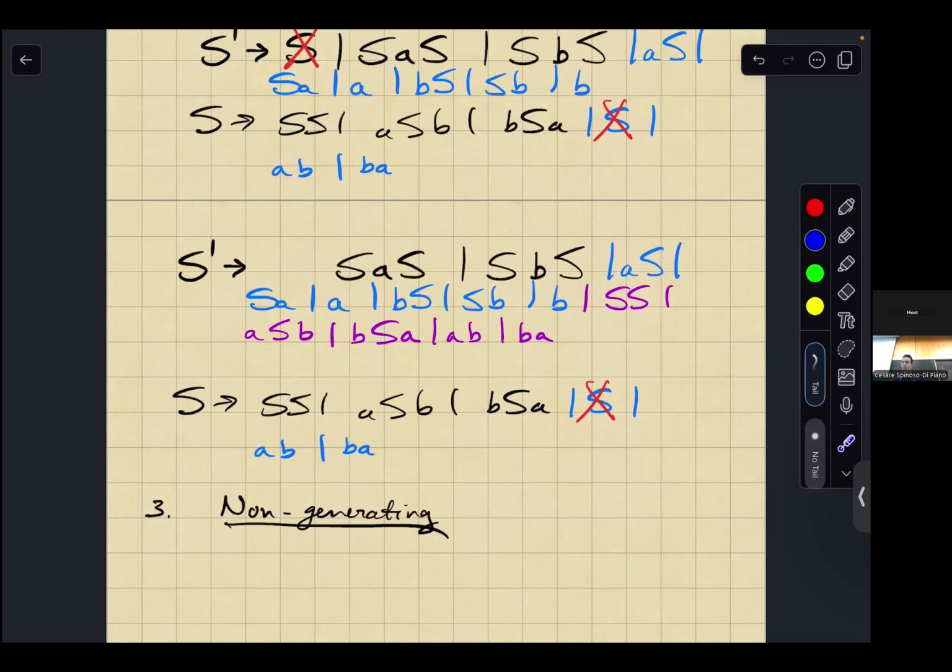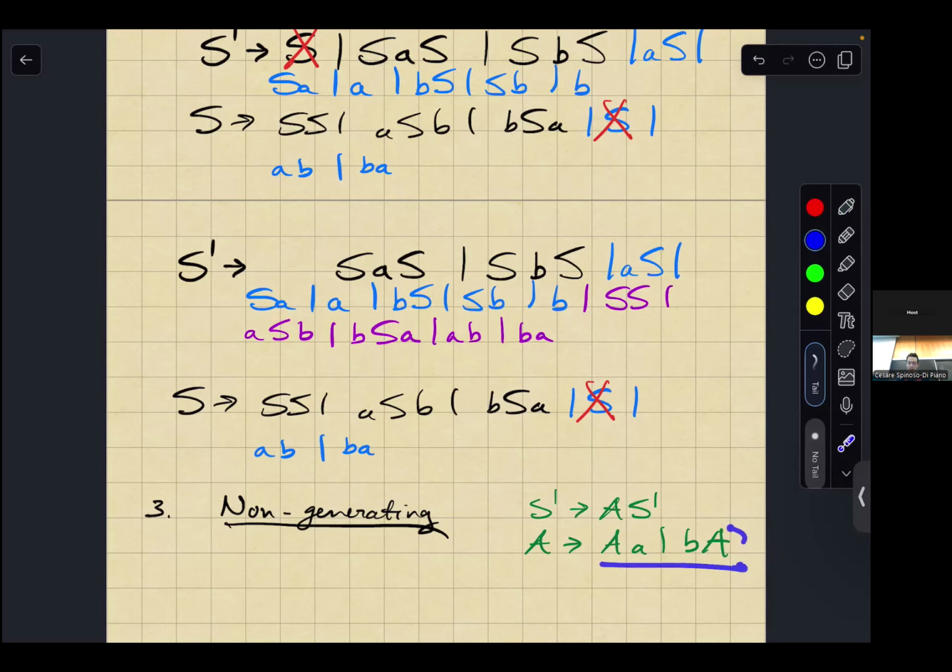So in that case, I don't have to remove anything. But if I had, for instance, an extra rule like S prime gives you A S prime, and the production rules for A were like AA and BA, then this is non-generating, because on the right-hand side it only has non-generating variables.